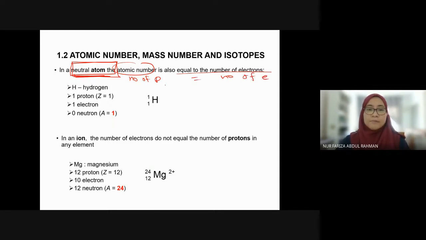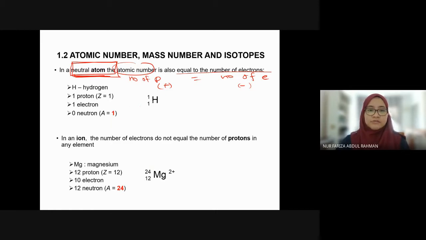We know that proton is positively charged, electron is negatively charged. When these two have the same number of particles, we will get a neutral atom. There is no charge for that atom.